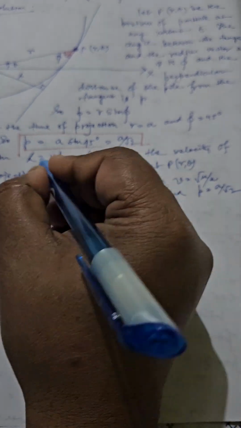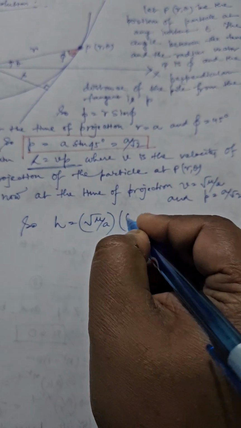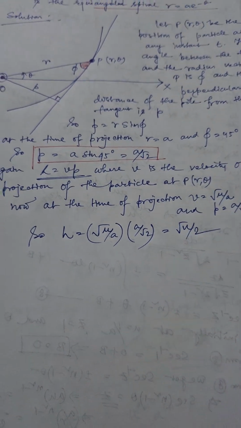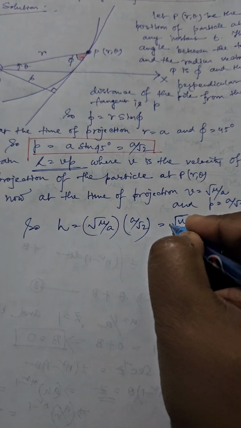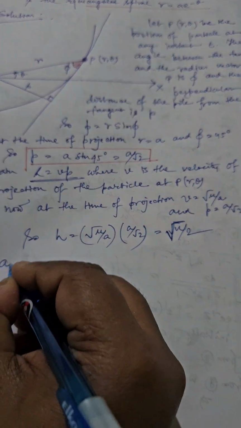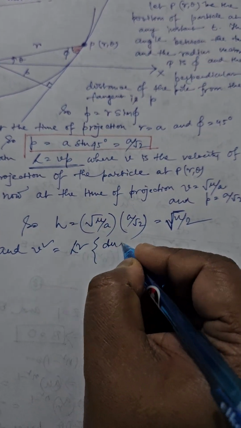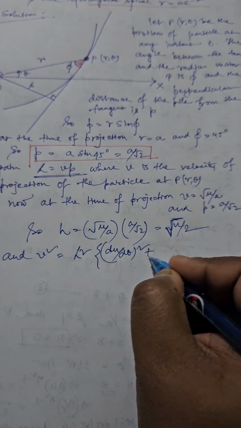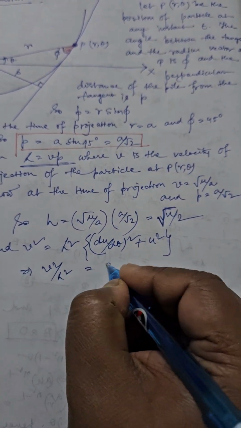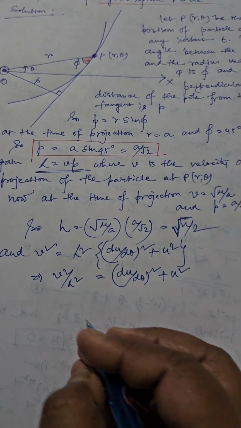So h from here, h will be root mu by a by root 2. So it will be root mu by 2, root mu by 2. And v square, remember the criteria, h square du d theta whole square plus this, so v square by h square will be du d theta whole square plus u square.